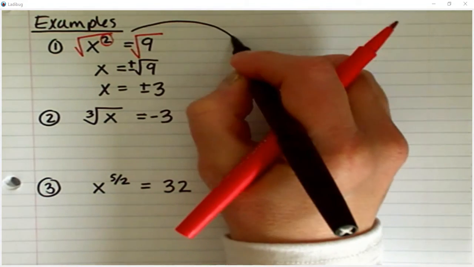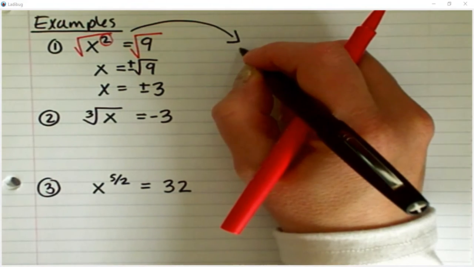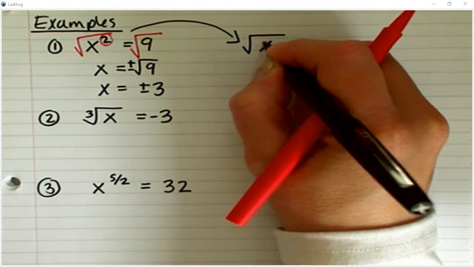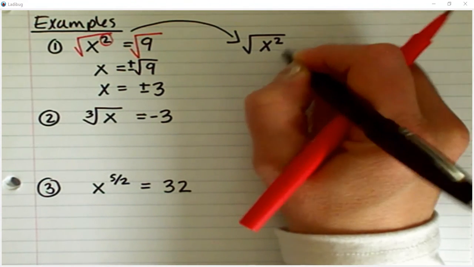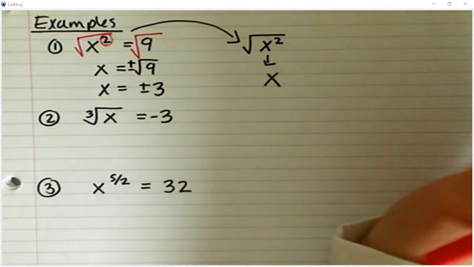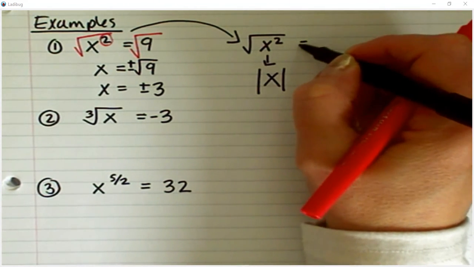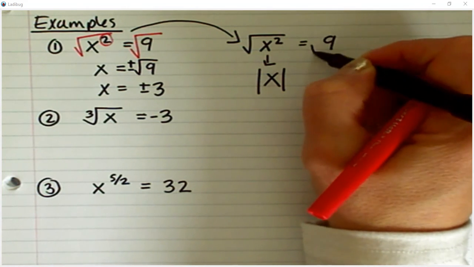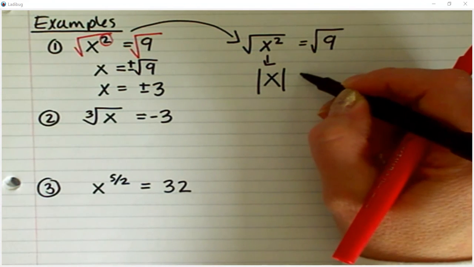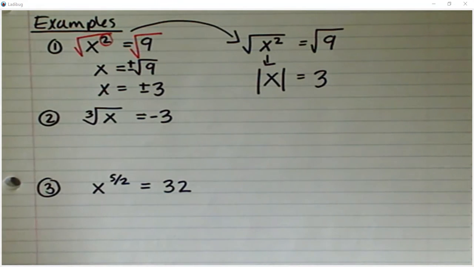Now, one thing to note here, we're going to investigate this property that says, okay, that this actually simplifies, right? We know it simplifies to x, but it actually simplifies to absolute value of x. And so what happens, how do you solve an absolute value equation?